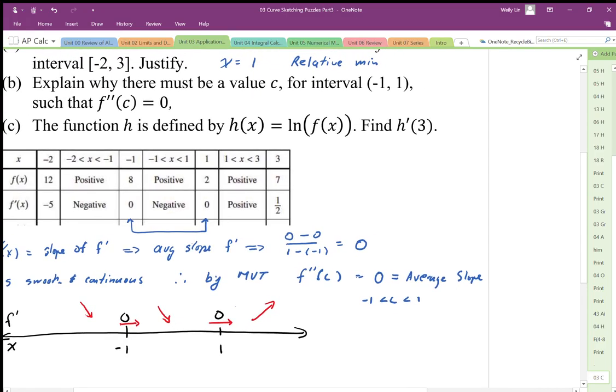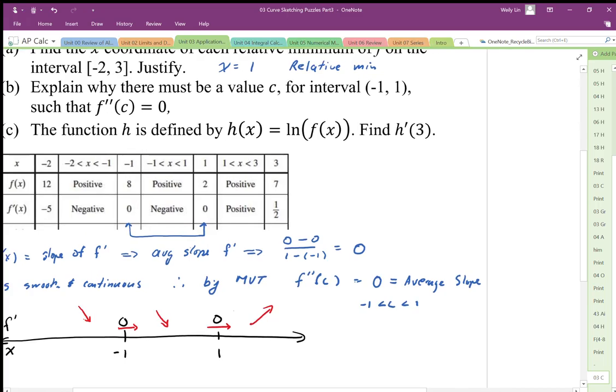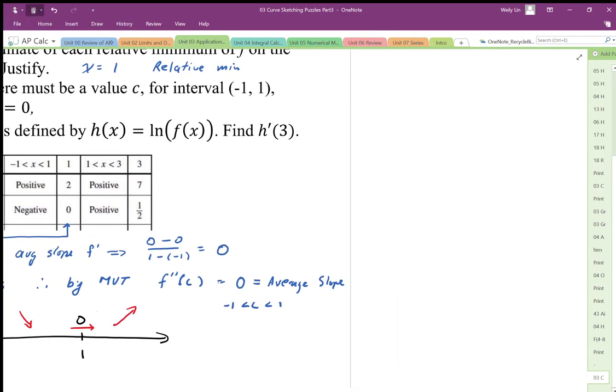Okay, so part C then. It says the function h is defined by h of x equals ln f of x. Find the derivative at x equals 3. This problem involves differentiating notation. So I'm going to take the notation h of x, and I need to differentiate this.